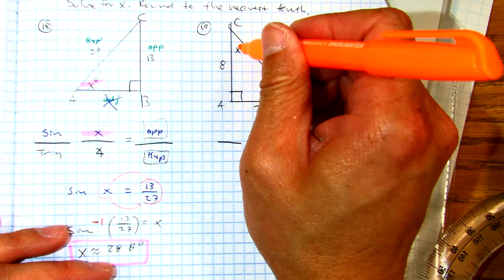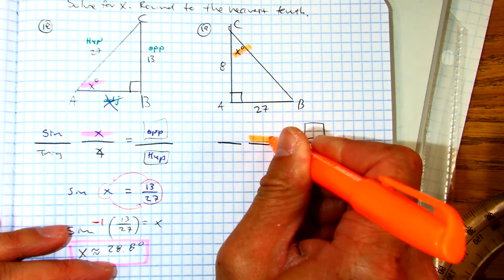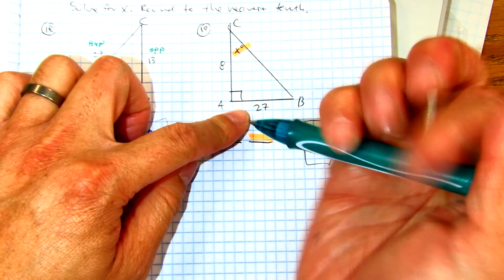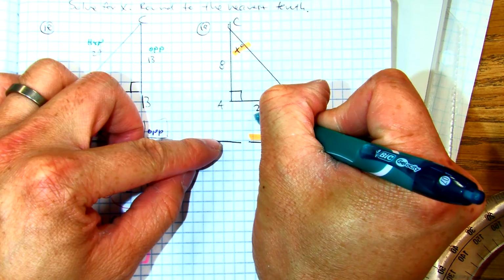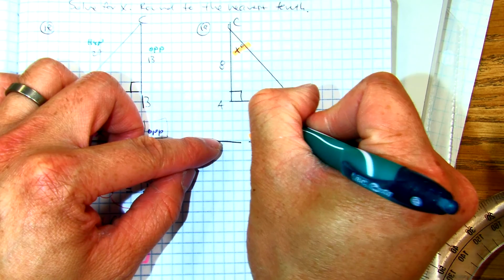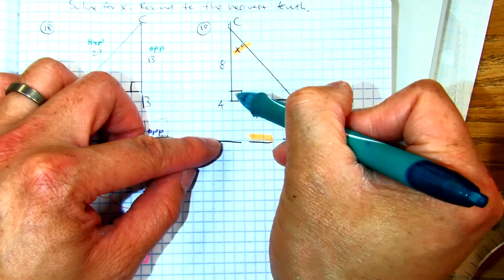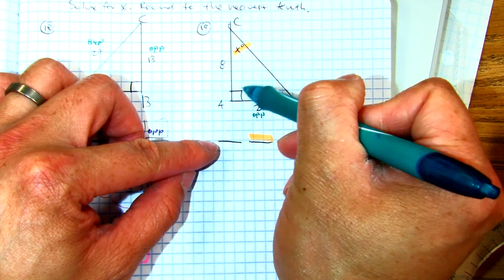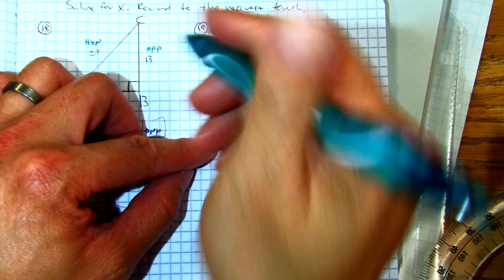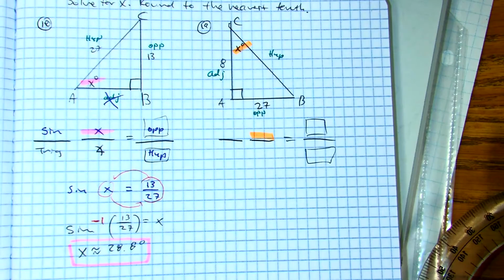X. And from X, this side is called the... Remember, you're going across, so that'll be the opposite. This one? Yes. And this one? Adjacent. Maria Bellum, which side do I not need?